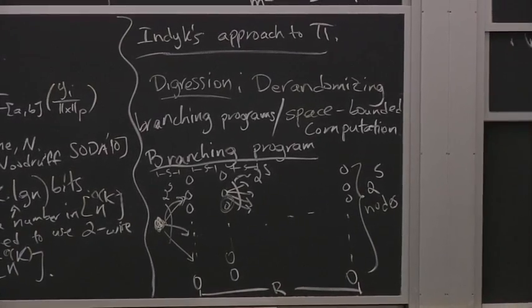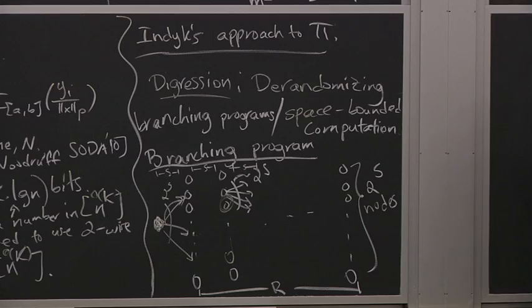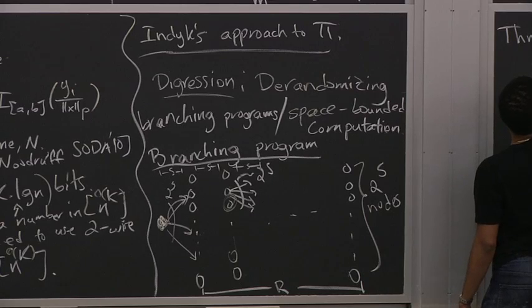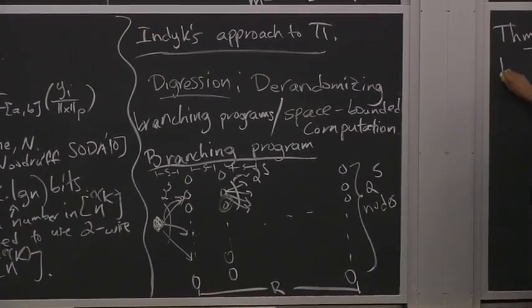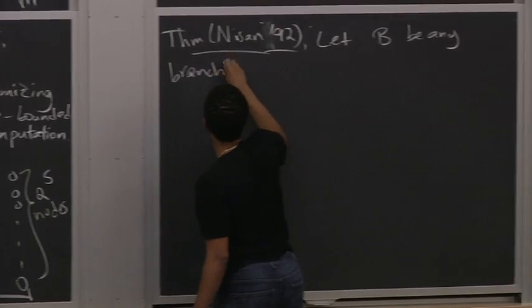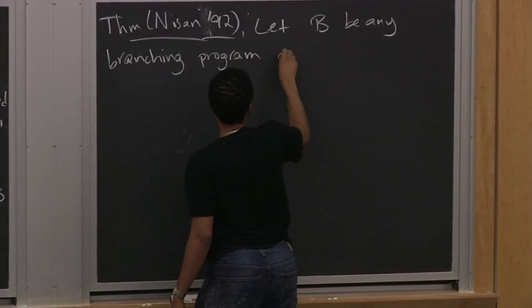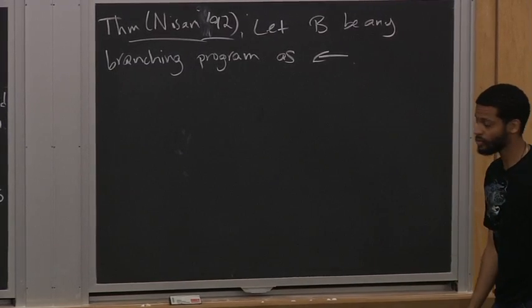Okay, and then we're going to use a result of Nisan. Theorem: let B be any branching program as over there.